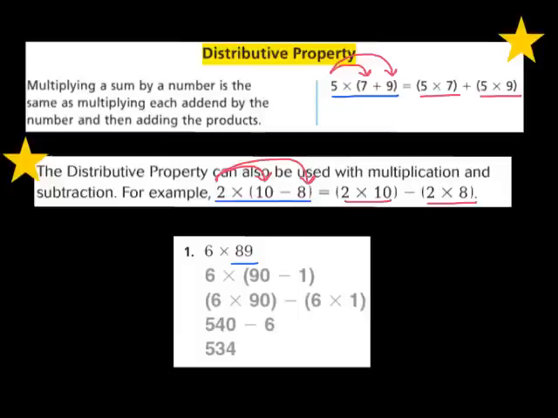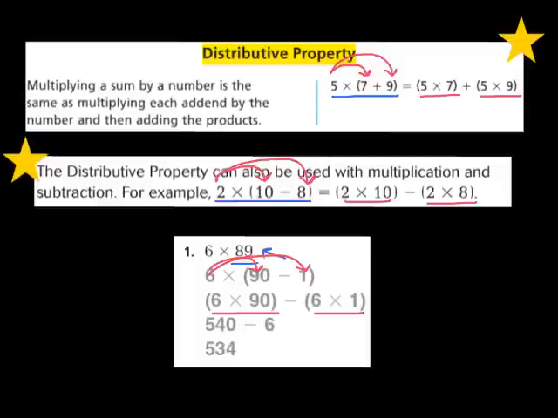And listen, if I take 90 minus 1, I know that that gives me 89. Now, what's going to happen here is this. We're going to use the distributive property to solve this problem. So I distribute the 6 to the 90, so it becomes 6 times 90, and then I'm going to distribute the 6 to the 1, so it becomes 6 times 1. Well, I can now very easily solve 6 times 90.